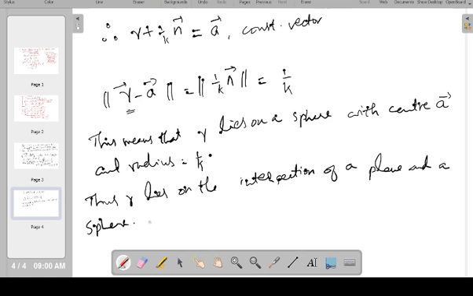Therefore, gamma must be a circle. What is the intersection of a plane and a sphere? It's a circle. Therefore, gamma must be a circle or a part of a circle, at least.